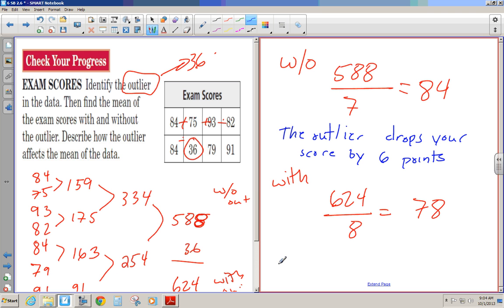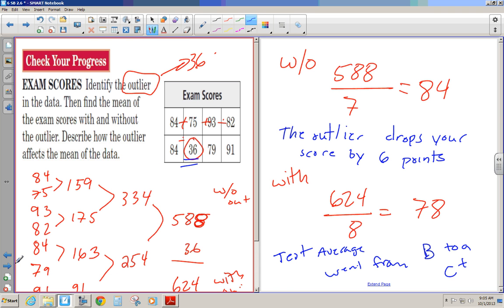You could also say that your test average went from a B to a C+. It dropped it a whole letter grade. That's why outliers are such a big deal with your grade.